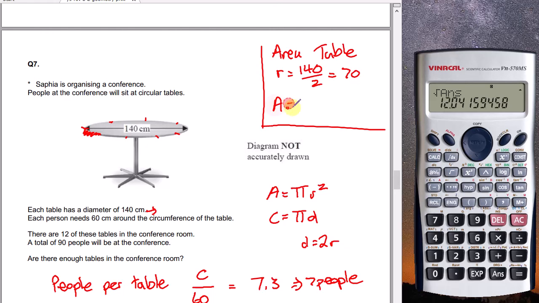So the area is pi r squared, sounds like area to me. And that gives me 393.804 centimetres squared, which, if I round it to 3 significant figures again, is 1, 5, first 3 digits.